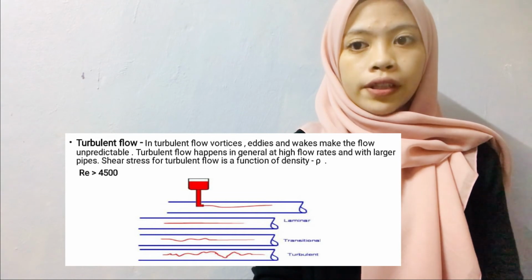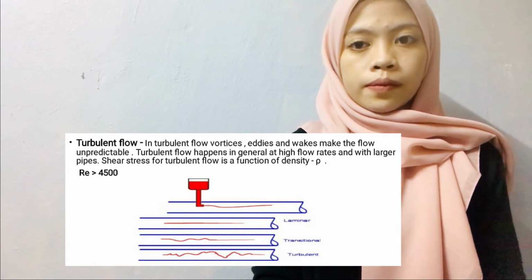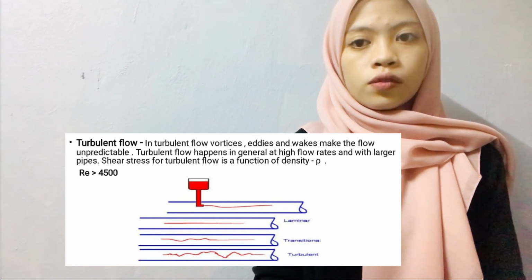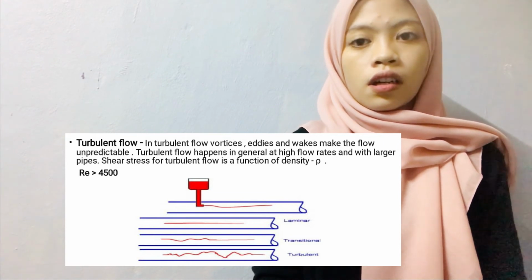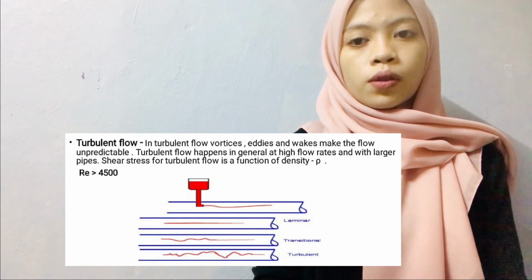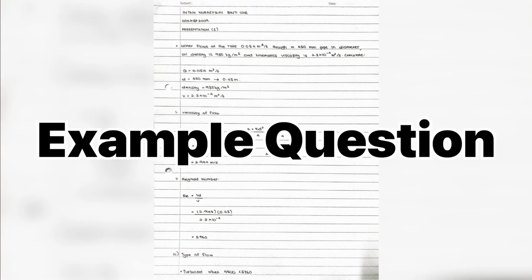Turbulent flow happens in general at high flow rates with larger pipes. Shear stress for turbulent flow is a function of density. Reynolds number for turbulent flow is above 4500. This is an example question for Reynolds number.